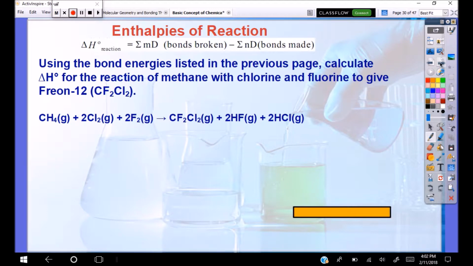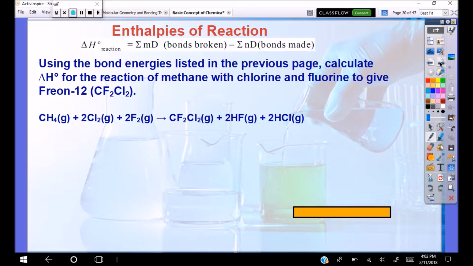So the nice thing is you don't have to think in terms of positive or negative. Just know that if it's more thermodynamically favorable, your answer at the end will be negative because it's exothermic. If it's not as thermodynamically favorable, which means you're breaking way more bonds than you're forming, you're going to be endothermic.